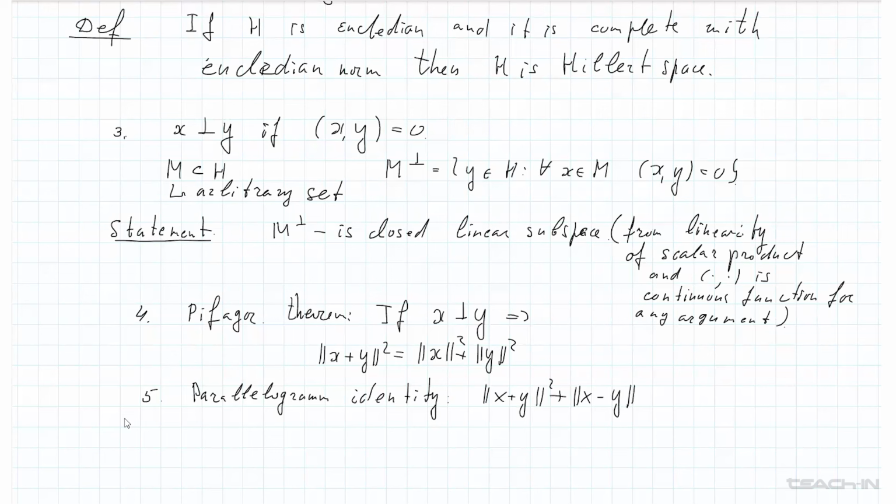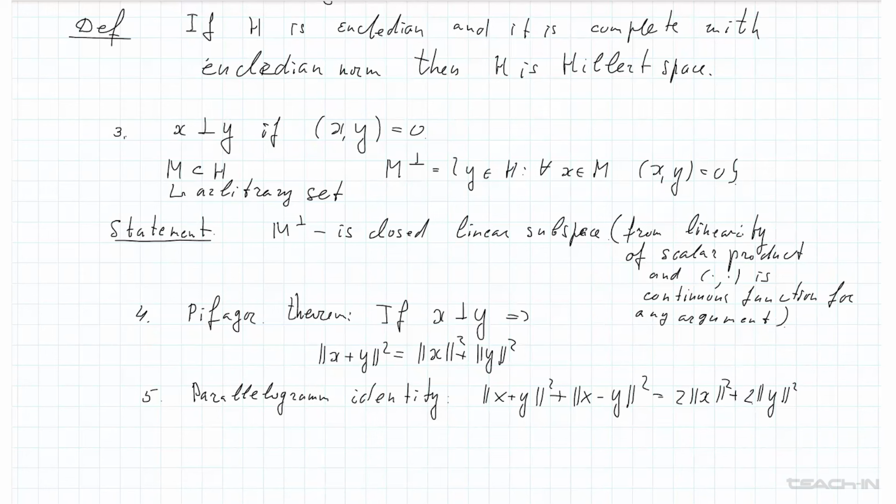The sum of squares of diagonals equals the sum of squares of all edges of this parallelogram. Yep, it is number 2. The proof is very easy.